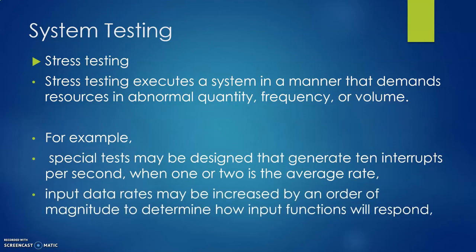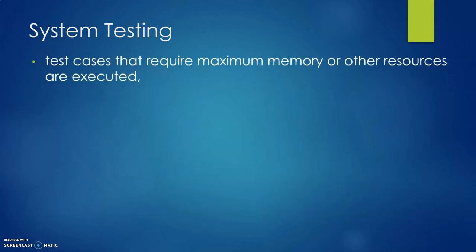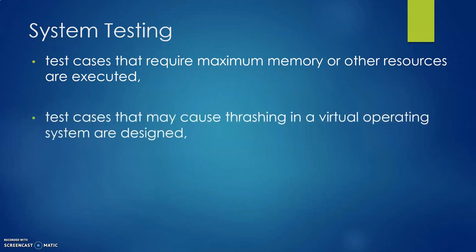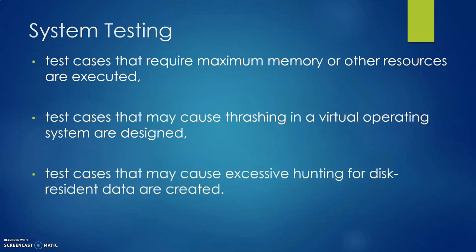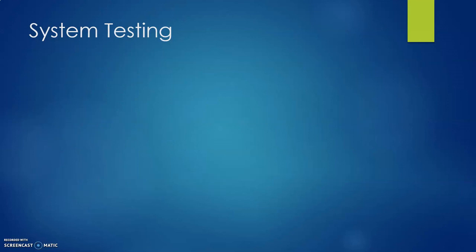Input data rates may be increased by an order of magnitude to determine how input functions will respond. Test cases that require maximum memory or other resources are executed. All these cases are examples of stress testing. Test cases that may cause thrashing in a virtual operating system are also designed. Test cases that may cause excessive hunting for disk resident data are also created.